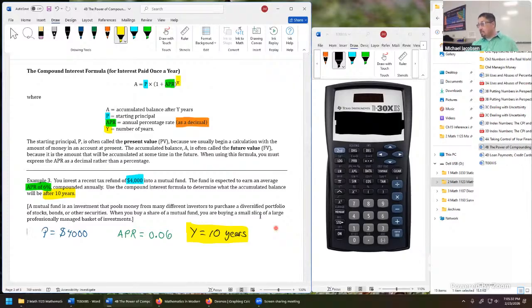And by the way, if you're curious what's going on with the mutual fund, the definition is below. This is a fund managed by a large investment company. What they do is they take your money, they pool it with money from lots of other investors, and they invest into a diversified blend of things along the lines of stocks in the stock market, bonds, other securities.